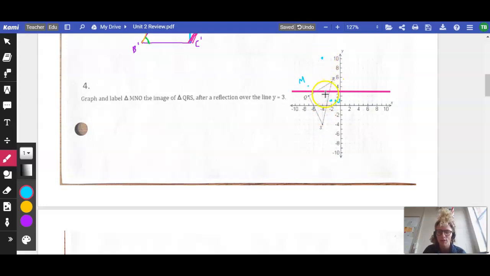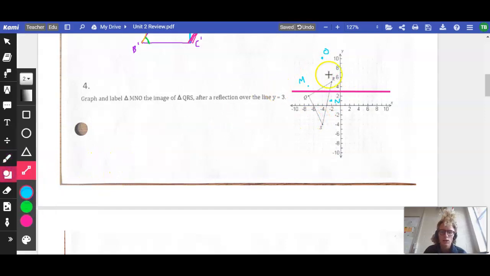And we're going above this pink line, not the x-axis. We're going 7 below the pink line, so it has to be 7 above the pink line. Therefore, we get our triangle MNO. Very cool. Very symmetrical. Very nice.